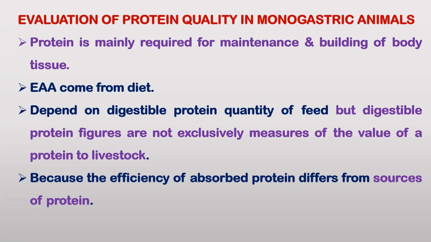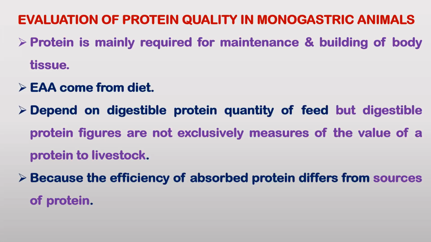Protein quality evaluation also depends on the digestible protein quantity. Whatever feed is offered to the animal, how much protein is digested by the system, and how much digested protein is absorbed by that particular non-ruminant species? This is very important.